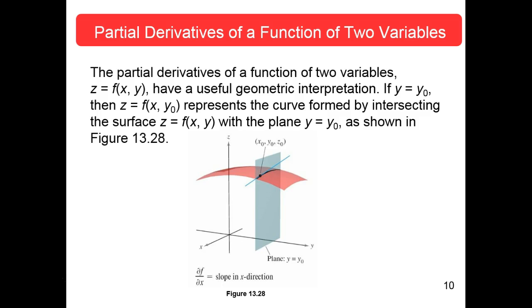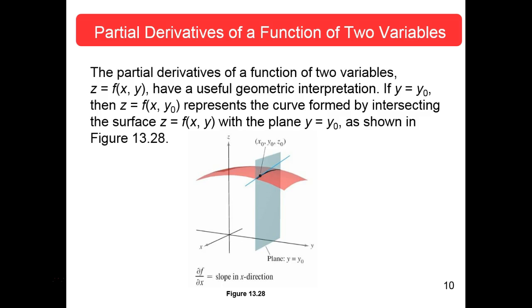So if you're holding y as a constant at y0, then the partial of z with respect to x, and the partial of f with respect to x, would be the derivative of that curve cut by that plane on your surface z, which is f of x, y. Where the plane y equals y0 cuts, this would be it. If the point here was x0, y0, and you go up to find z0, then it's that tangent line right there, and the slope of that would be the partial with respect to x.